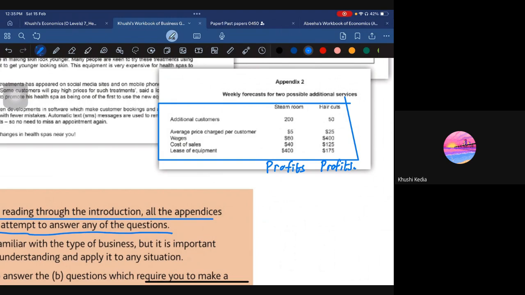Let's suppose I saw one of the questions where the business was selling jewelry, and they used to sell very cheap jewelry. Now they were asked whether to add one more product, either a cheap bracelet or an expensive ring.